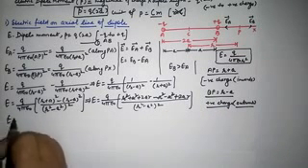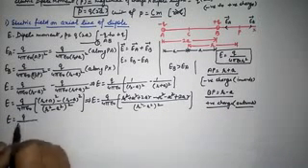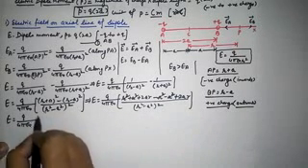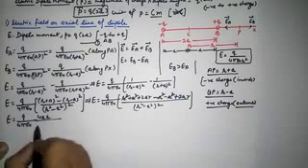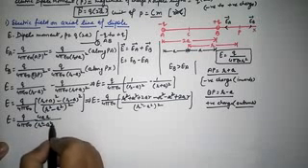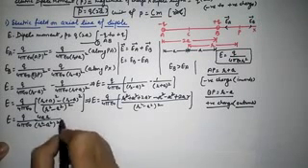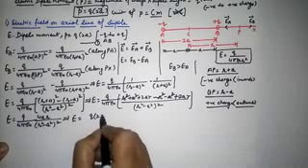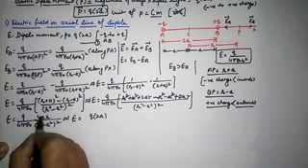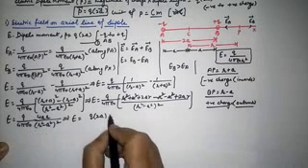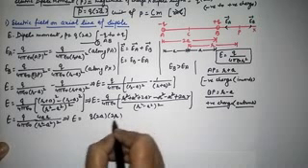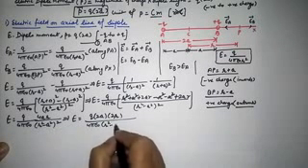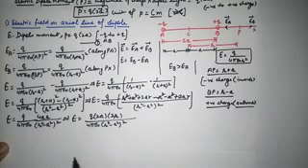So E is equal to Q upon 4 pi epsilon naught, 2AR plus 2AR, that is 4AR upon (R square minus A square) whole square. Now we can write this as E is equal to Q into 2A, means this 4 is written as 2 into 2, into 2R upon 4 pi epsilon naught (R square minus A square) whole square. Okay.